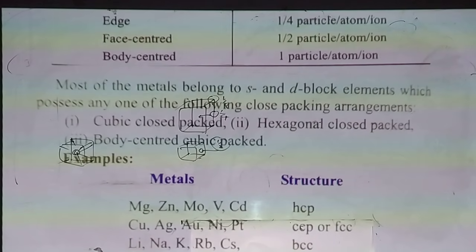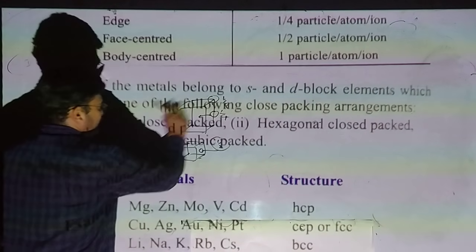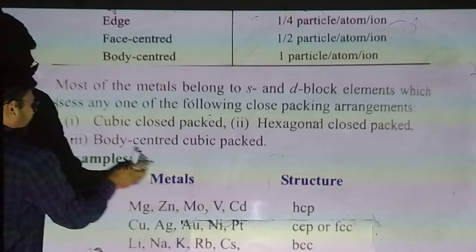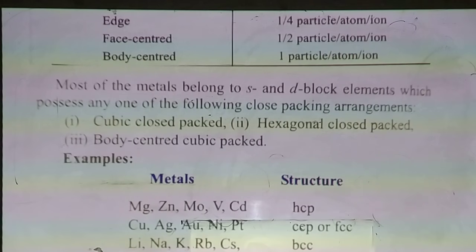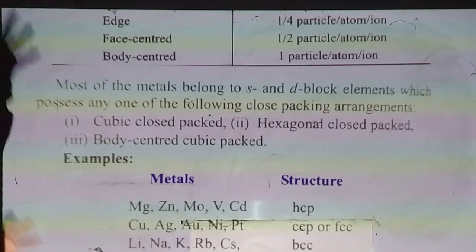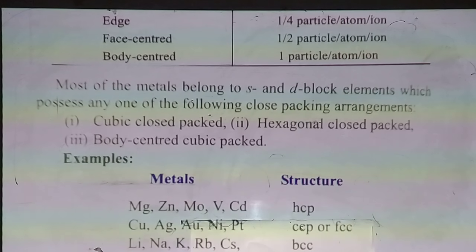Most of the metals belong to the S block and D block elements, which possess any one of the following close packing arrangements. In our modern periodic table there are 4 parts: S block, P block, D block, F block.